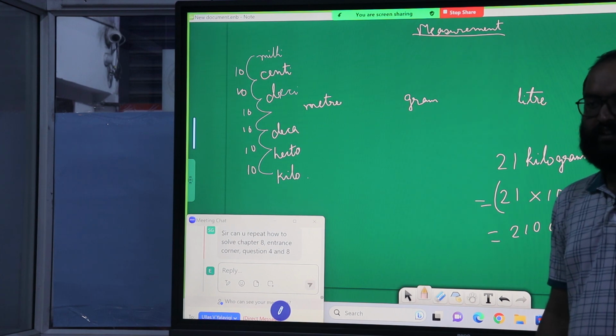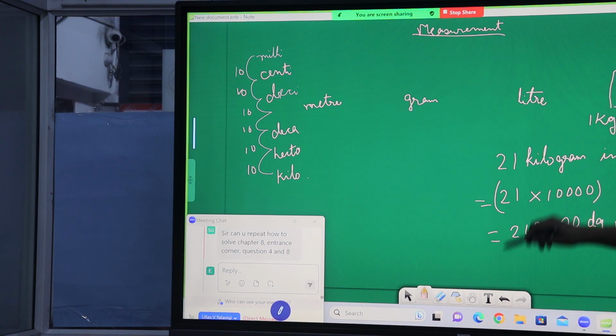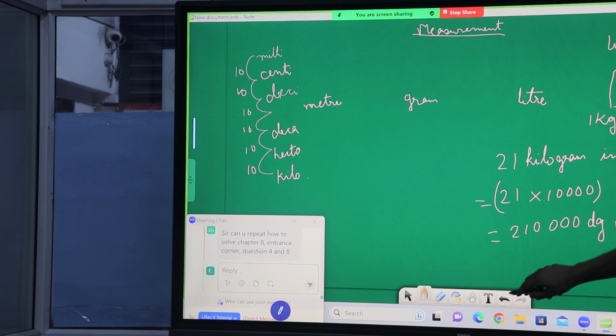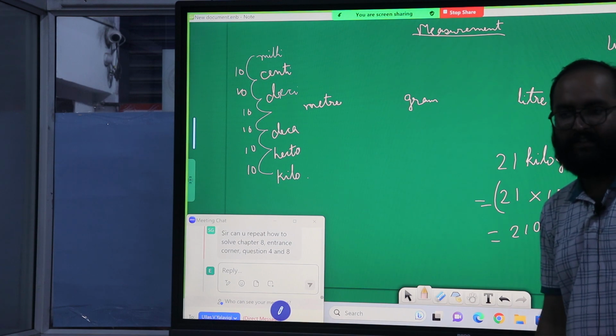Clear? And there are some special units of measurement, for example, a special relationship between liter and cc. What is cc? Cubic centimeter. Cubic centimeter may be written as cc, or it may also be written as cm cubed.